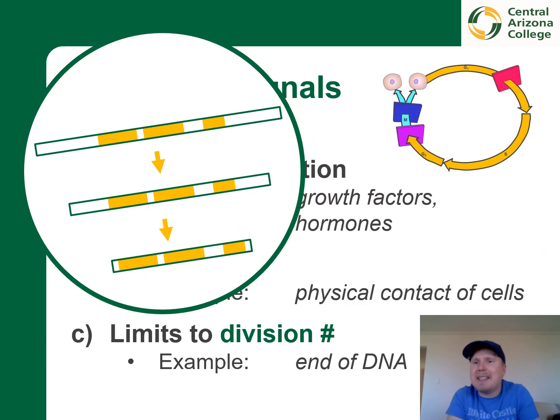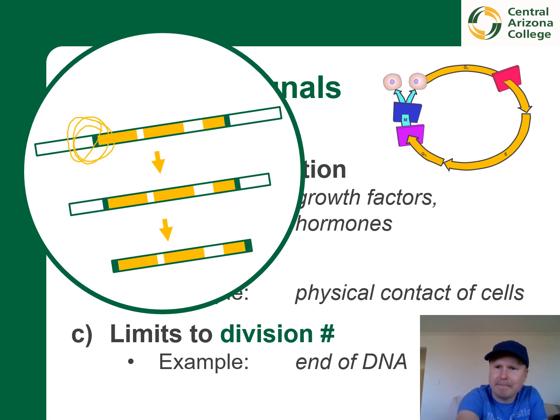Well, the evolution has designed a rather clever way to avoid this. Each DNA strand can be copied only so many times before we reach a signal embedded in the DNA that tells no more copies can be made. And on this graphical explanation, that signal will be the green areas at the DNA strand. And what happens with each copy, you might notice, we lose a little bit of the DNA strand from both ends.